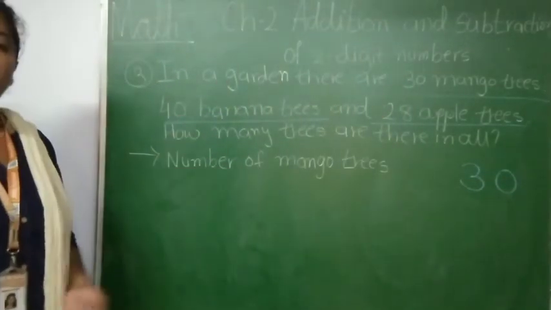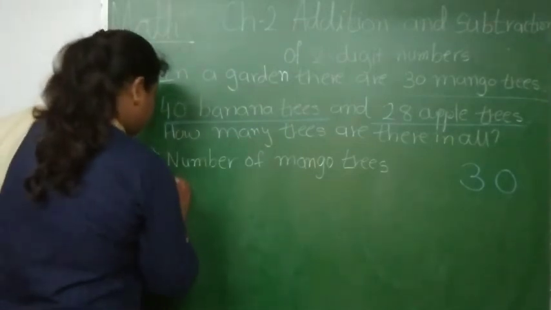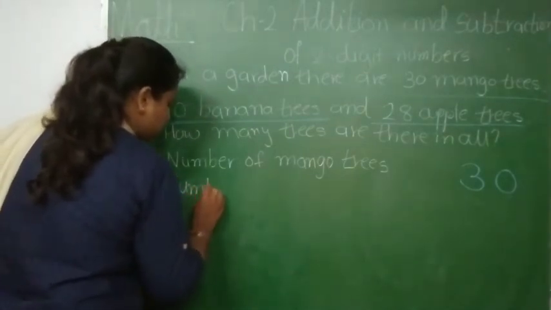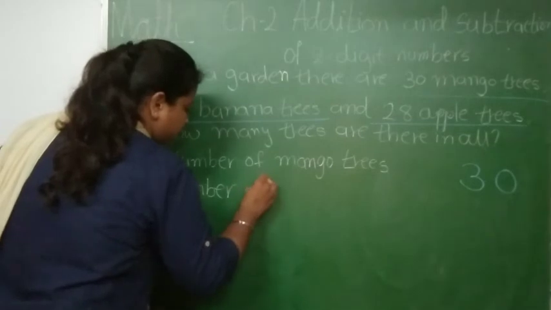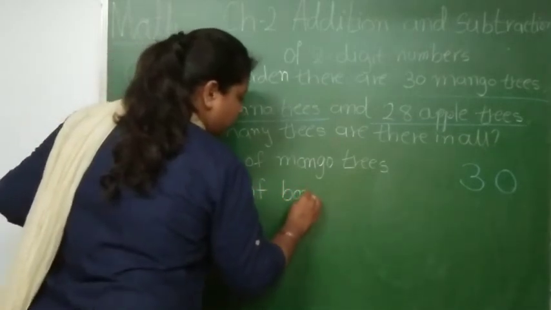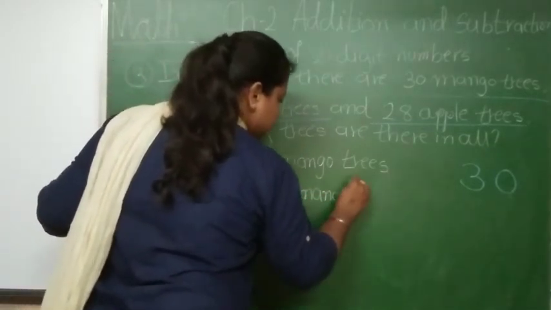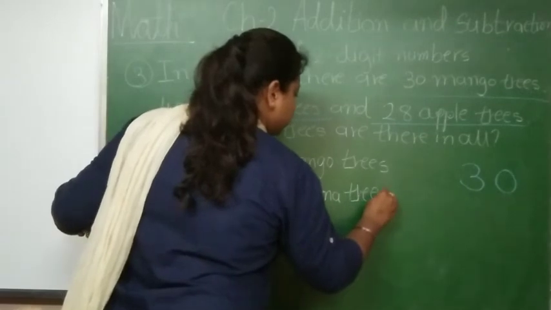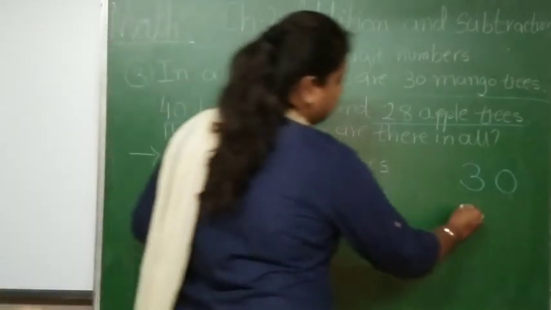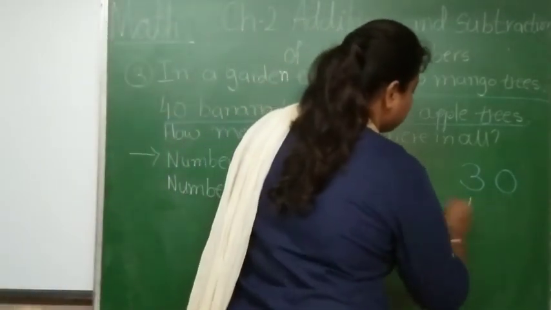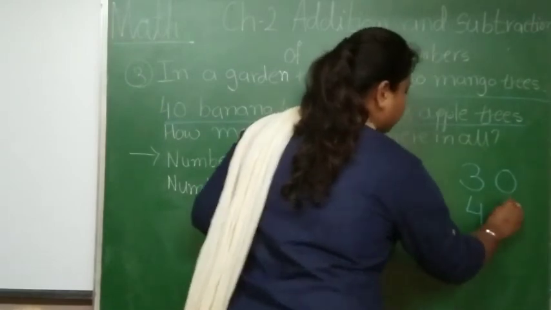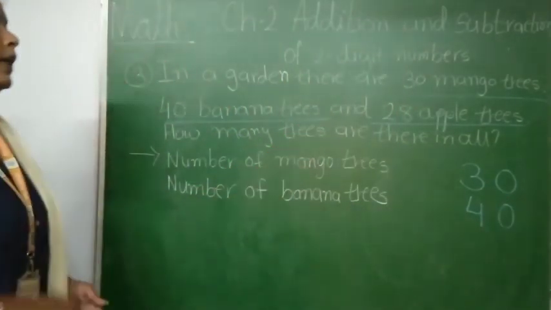Next 40 banana trees. So we will write number of banana trees. And that is 40, right? So we will write 40 over here. Then 28 apple trees.